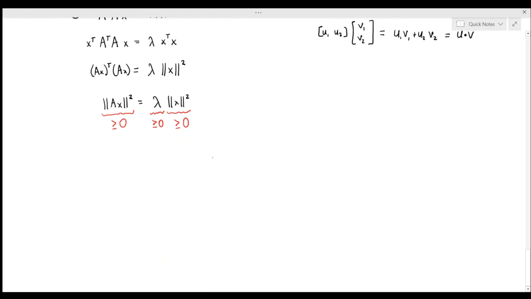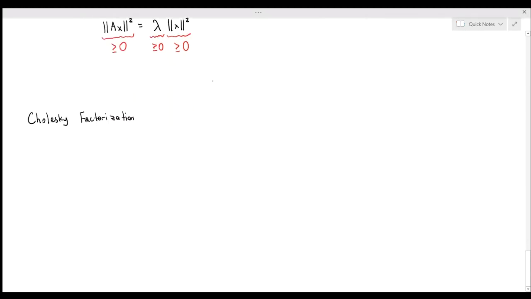So right now, I'm just going to talk about the Cholesky factorization real quick. This is a factorization that's specific for positive definite and positive semi-definite matrices.